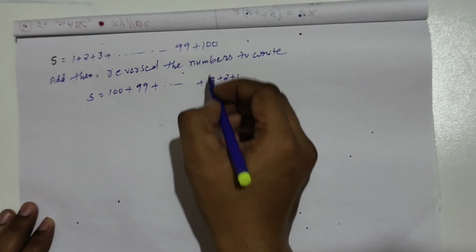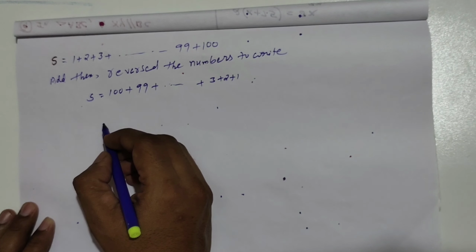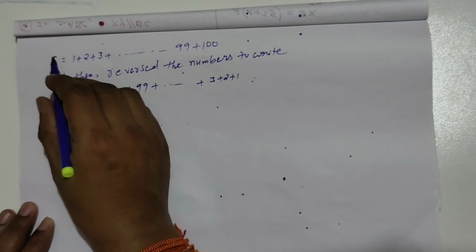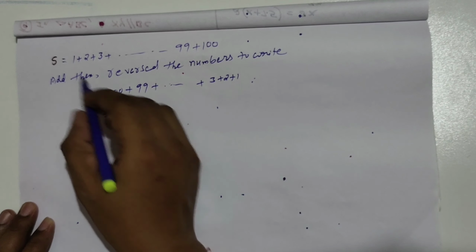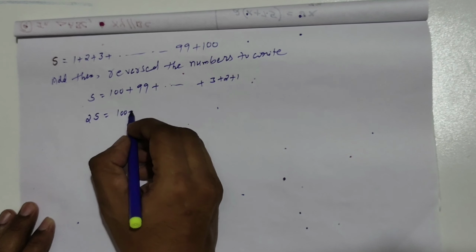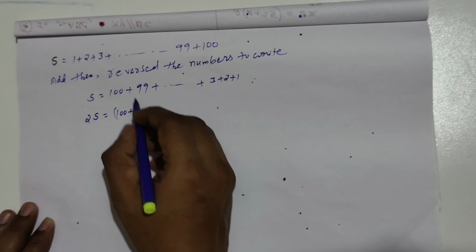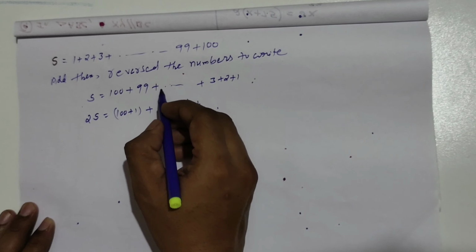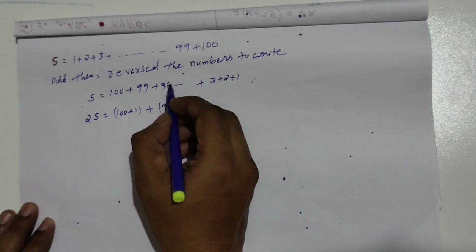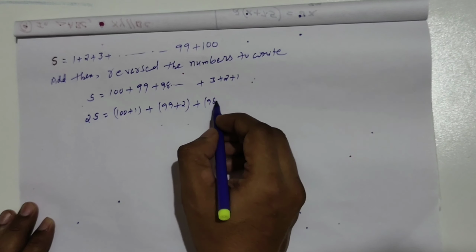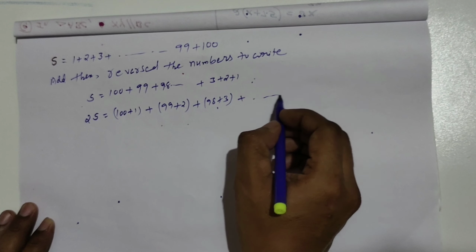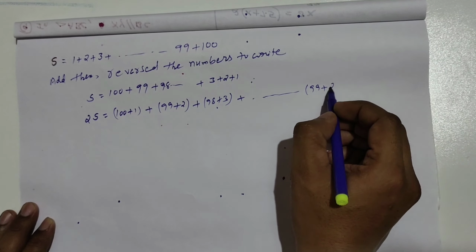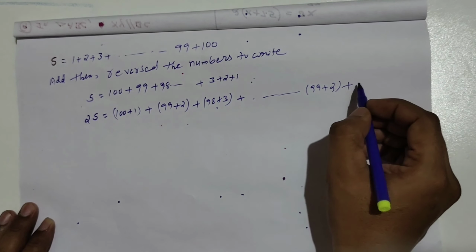When he added these two term by term, he got S plus S, that is 100 plus 1, 99 plus 2, and obviously 98 plus 3, and so on, up to 99 plus 2 and 100 plus 1.